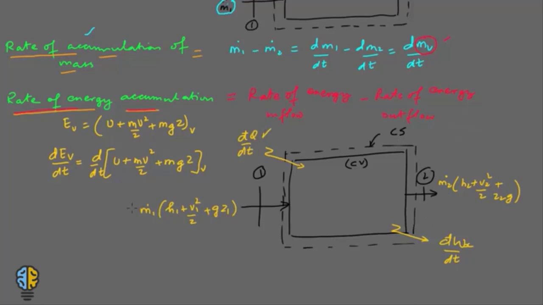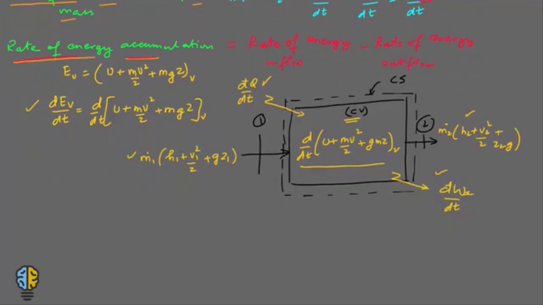Now this plus this is the total energy inflow, and this plus this is the total rate of energy outflow, and whatever is left in the control volume is this. So you will have d by dt of u plus mv square by 2 plus mgz v. This is the rate of energy accumulated within the control volume.